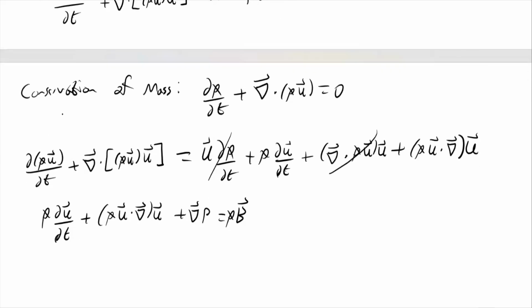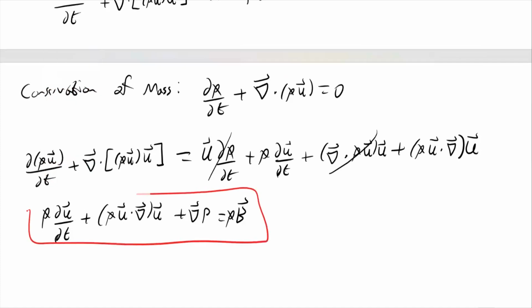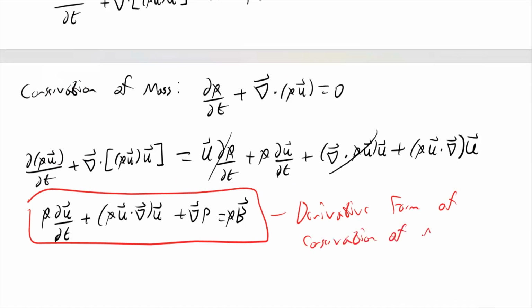And if you're one to box things, this gets a box. This is the derivative form of conservation of momentum.